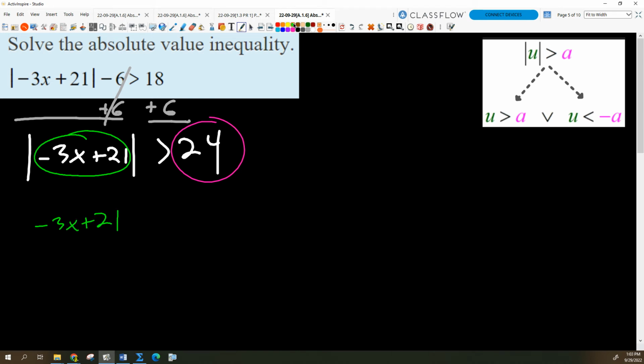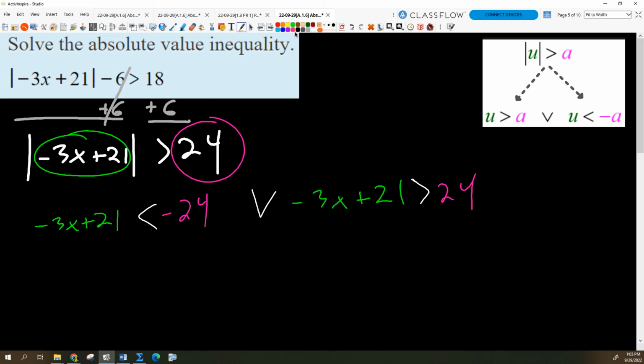Okay, is less than negative 24. Or what? Is greater than positive 24. Does it make any difference which of those two statements you say first? Doesn't make any difference. Ors are interchangeable.